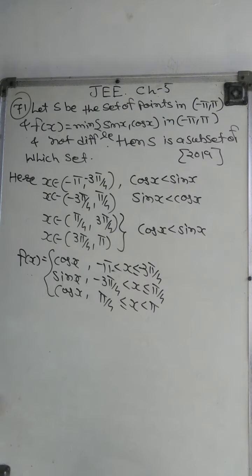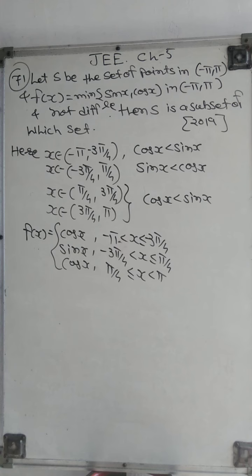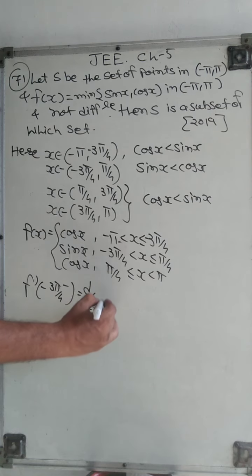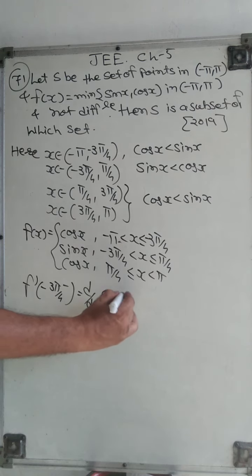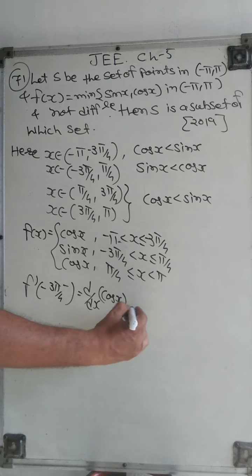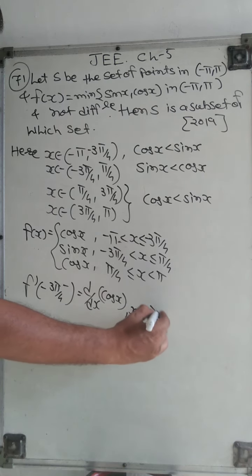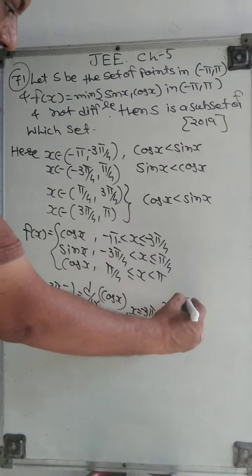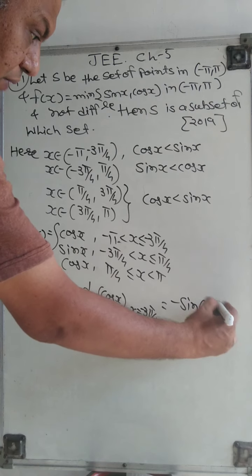Now we want to find, okay, then what? Here we just verify with minus 3 pi by 4. So f dash minus 3 pi by 4 minus is equal to d upon dx of cos x at x equal to minus 3 pi by 4. It is minus sin x, minus sin minus 3 pi by 4.